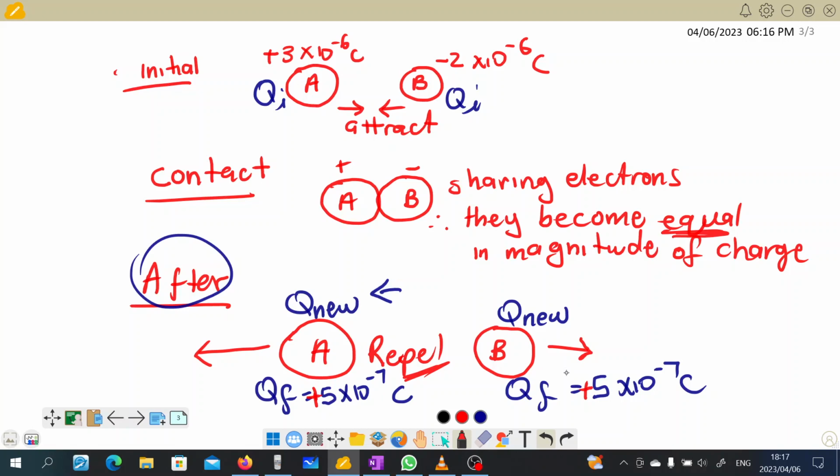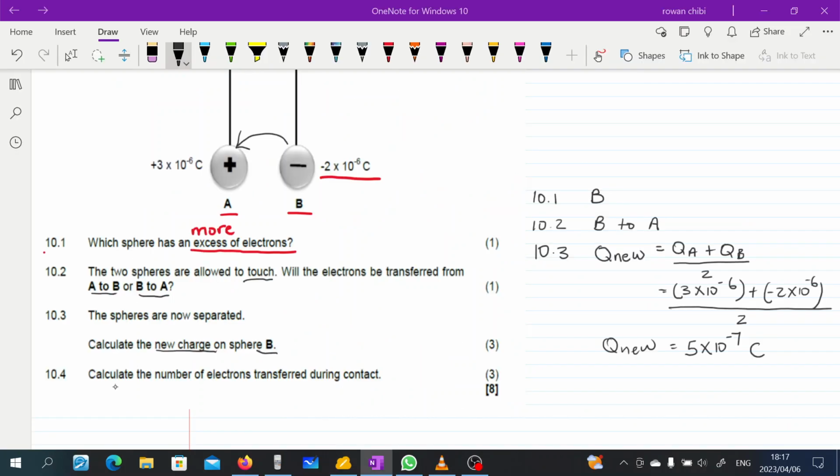So now we go to the next question. Calculate now the number of electrons transferred during contact.